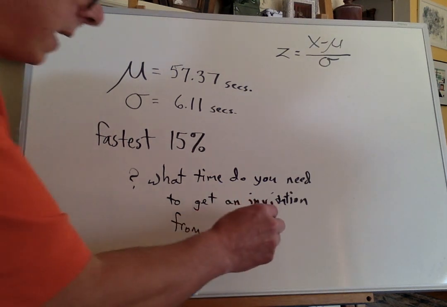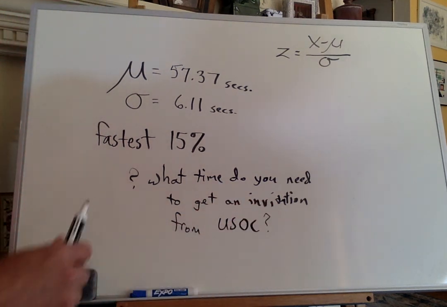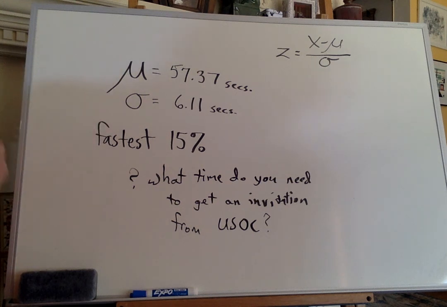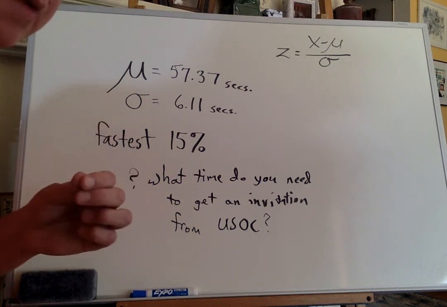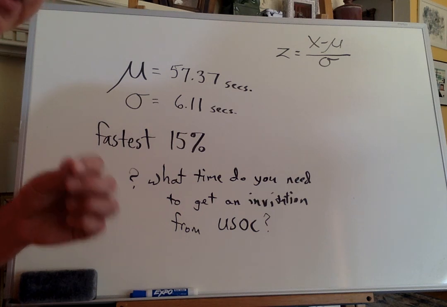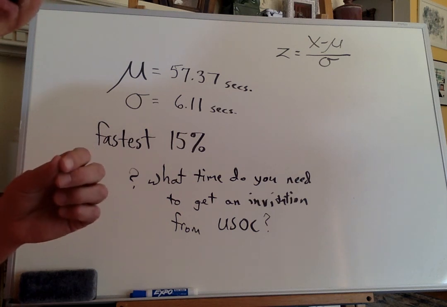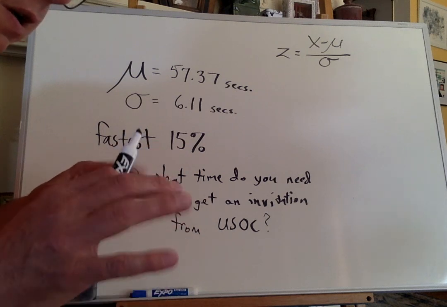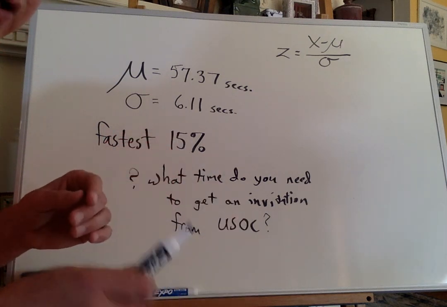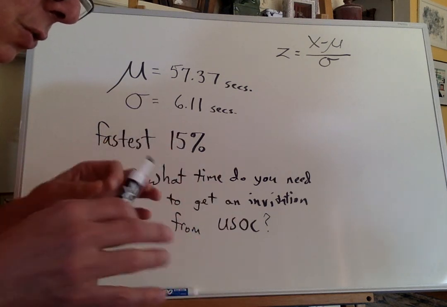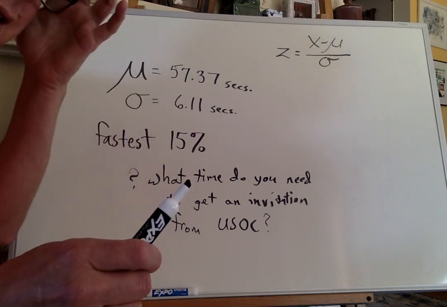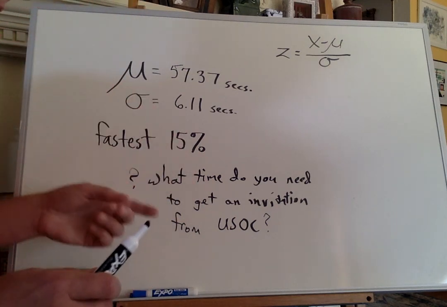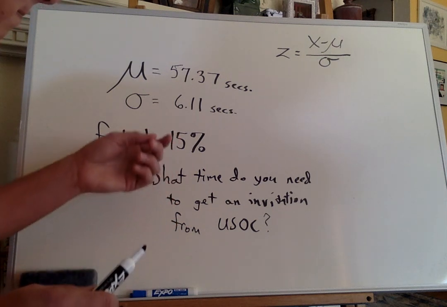Okay, that is the question. We know the parameters. We know we want the fastest 15%. So what time do you have to run to get that letter? All these times are official, sanctioned. The school submits to the NCAA. The NCAA is going to look at this, and they're going to say, well, we're going to send the fastest 15%.